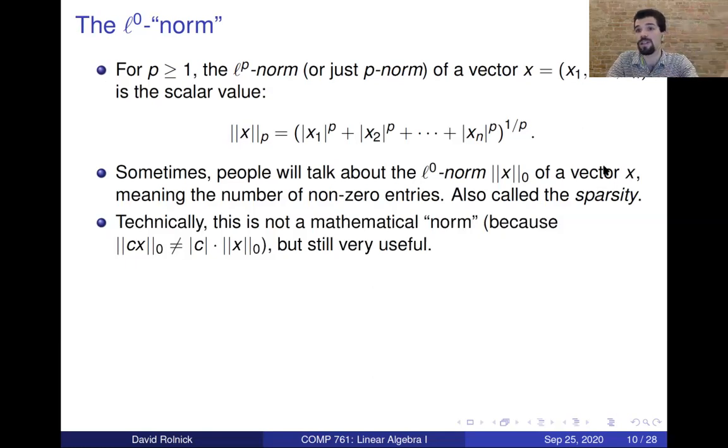In particular, it doesn't change the norm at all. If you multiply say 1, 0 by 2, you get 2, 0, but that has the same L0 norm. So it's not really correct to call it the L0 norm. A lot of people do. Generally good to use other language if you're trying to be mathematically correct.